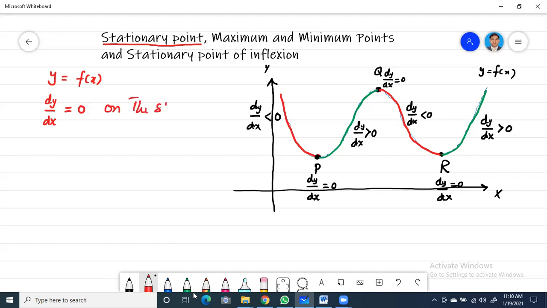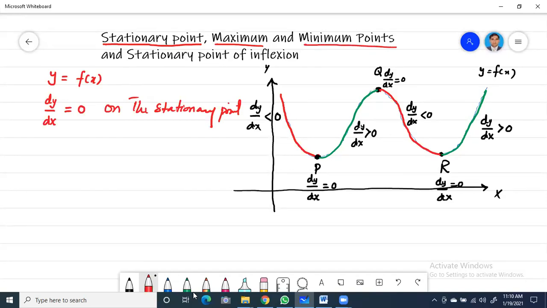Now, how can we check whether this stationary point is a maximum point or a minimum point?